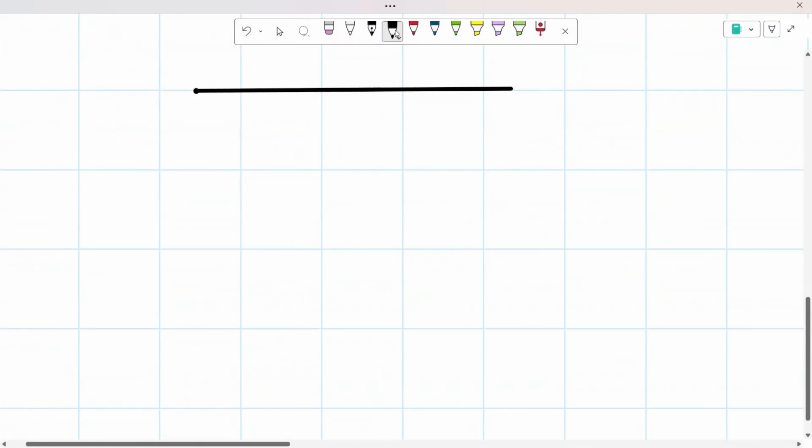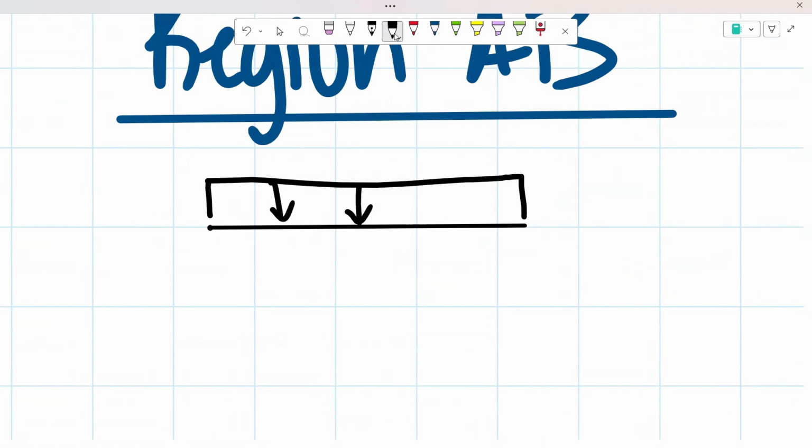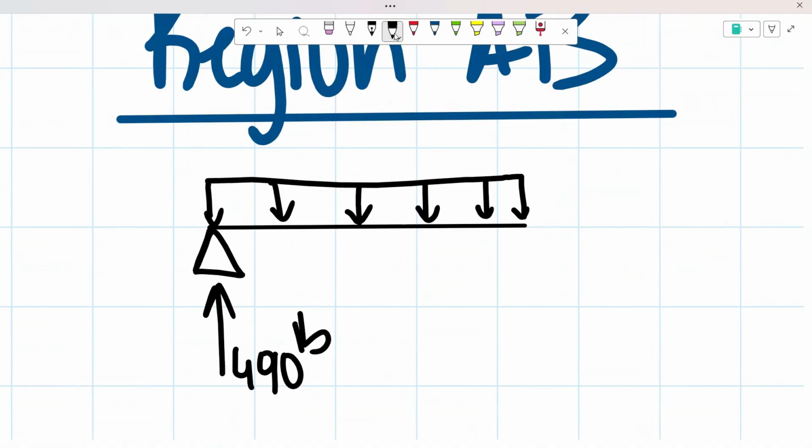So we have our beam with this concentrated force. We have a pin support here with our reaction of 490 pounds acting upwards. We don't have to draw this one in because we know that one is equal to 0.